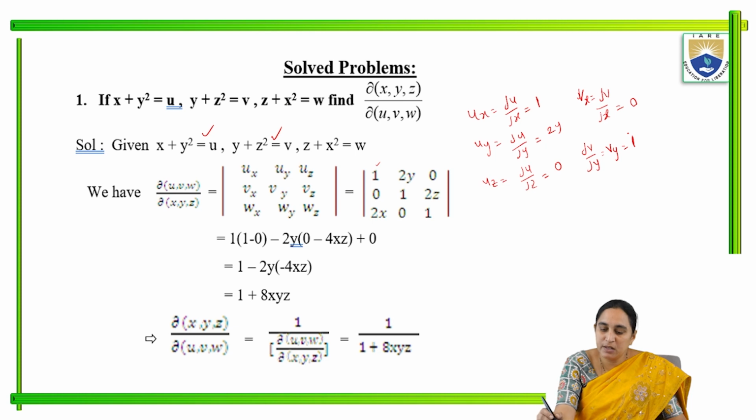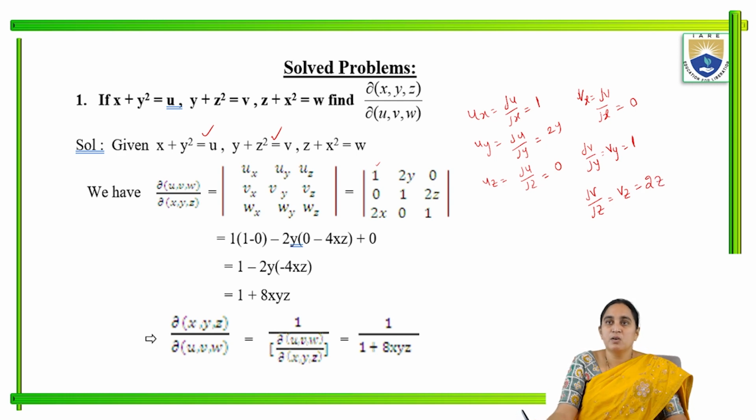Similarly, v differentiated with respect to z, that is vz, is 2z, from y plus z square. These are vx, vy and vz. Now I am substituting them in the formula: vx is 0, vy is 1, and vz is 2z.